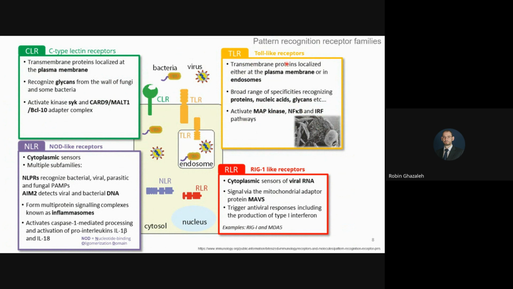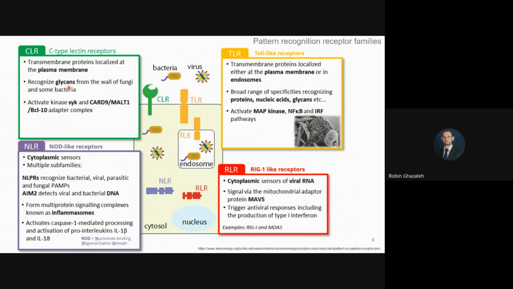So what is the receptor? What does it recognize, and how does it activate? And you will see this pattern here as well when we come to the C-type lectin receptors, transmembrane, as we said, but only on the plasma membrane.